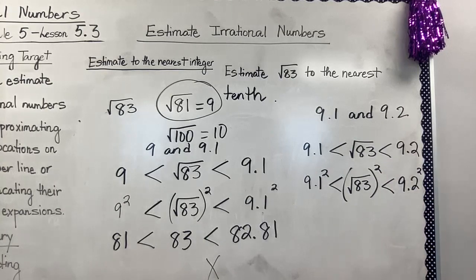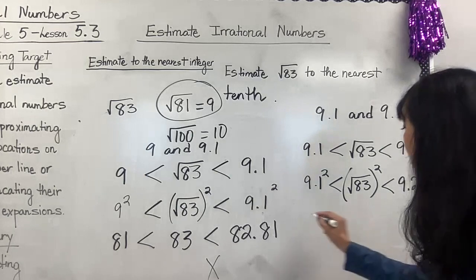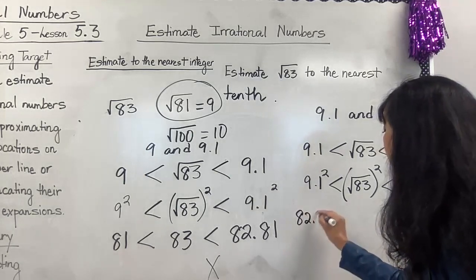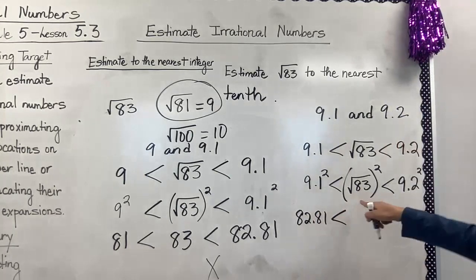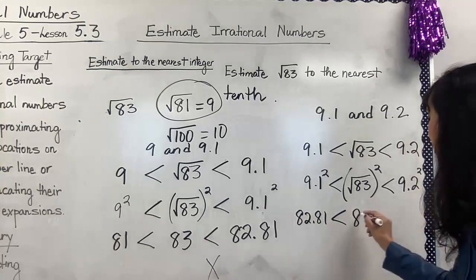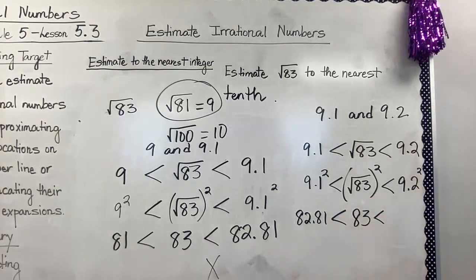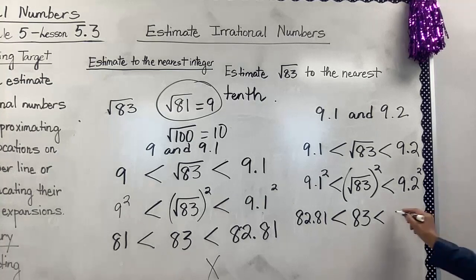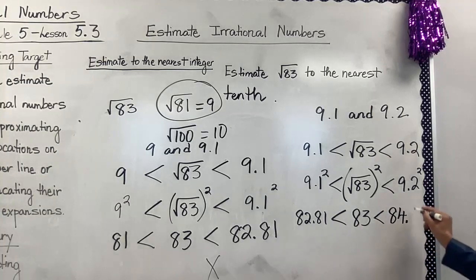We just did 9 and 1/10 squared, which is 82 and 81/100. The square root of 83 times the square root of 83 is just going to give me 83. That is less than 9 and 2/10 times 9 and 2/10, which gives me 84 and 64/100.